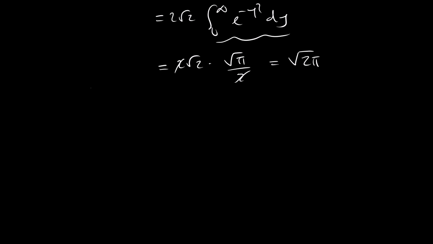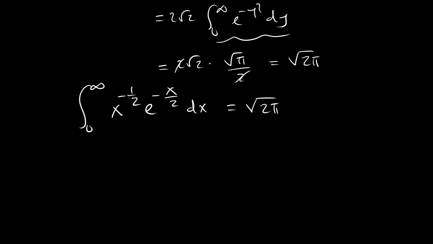So in other words, our original integral from x equals 0 to infinity of x to the power negative half e to the power negative x over 2 is equal to 2 root pi... that is, the square root of 2 pi. And that is our answer. So moving forward to problem number 17.